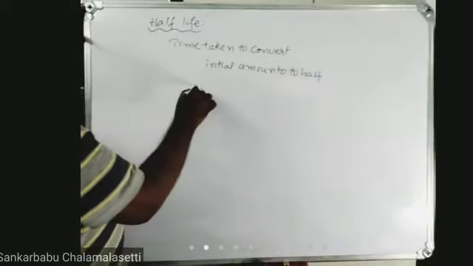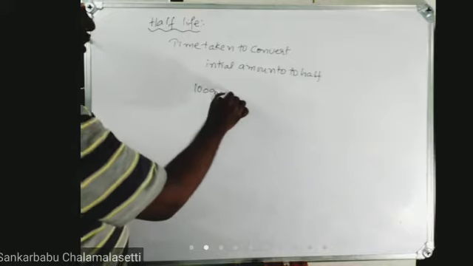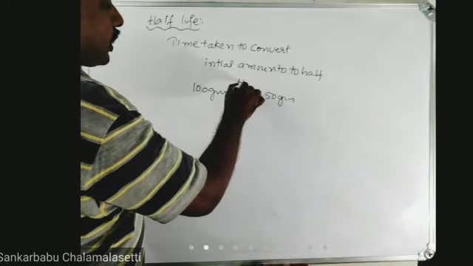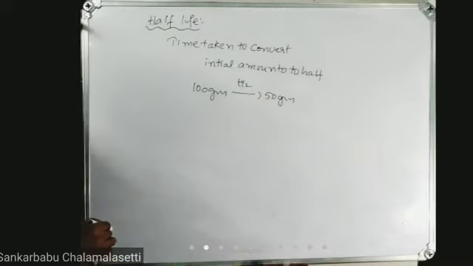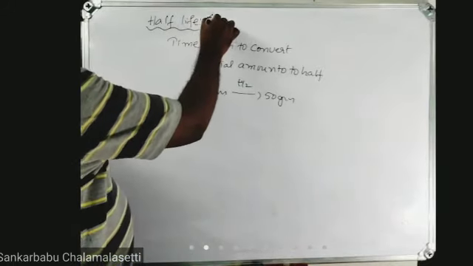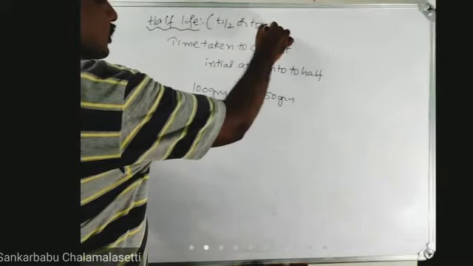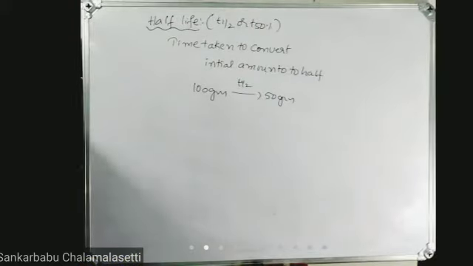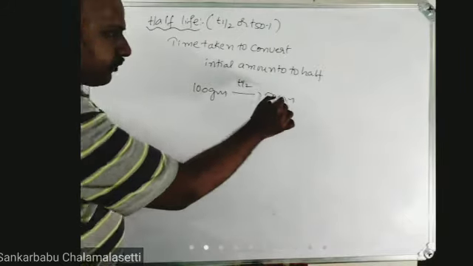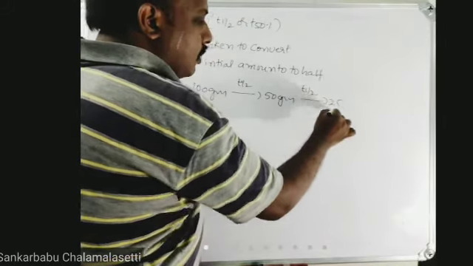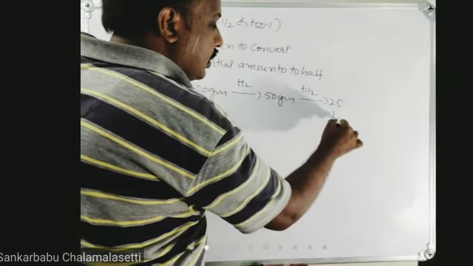If you take 100 grams of any substance, whatever the time taken to convert it into 50 grams is called T half, also shown as T 50%. If 50 is converted to 25, it is also T half; 25 to 12.5 is also T half.